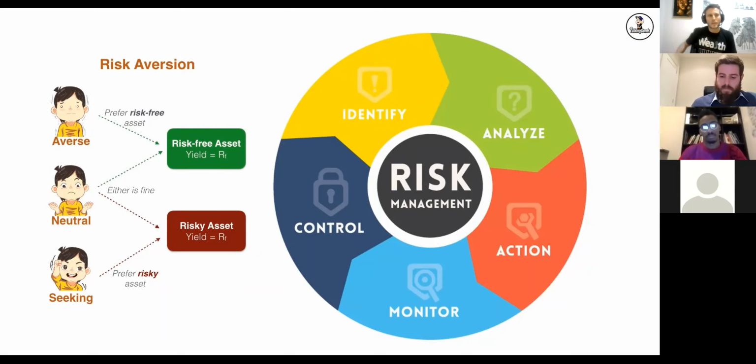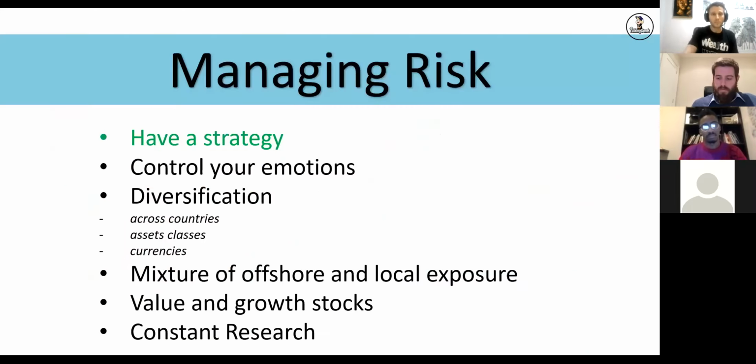So before we get into the interesting stuff, just some tips to manage risk. Have a strategy, the most important. Before you buy that first share or you buy that first cryptocurrency or you have a long-term property goal, whatever your financial goal is, have a strategy. My strategy is to invest 20,000.